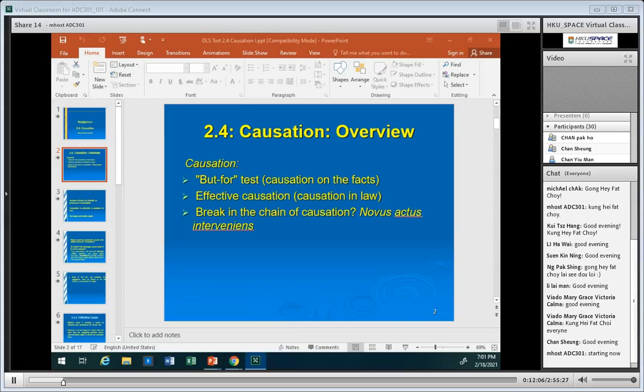We did have a quick look at the defence of volenti last time, or consent, but we'll review that again and then we'll cover the other defences to negligence, namely illegality or ex turpi causa, for those of you who like Latin expressions. And also the most important defence to negligence is contributory negligence.